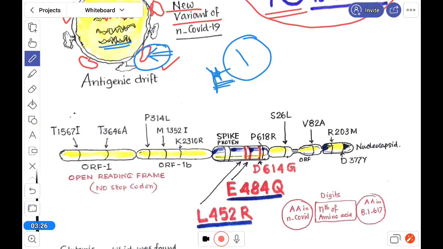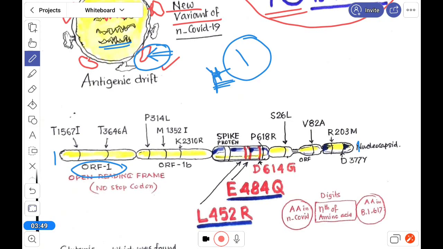Look here, you can see the area from here to here, where the viral genome is, and where the changes, I mean mutations, occur. This is called an open reading frame.